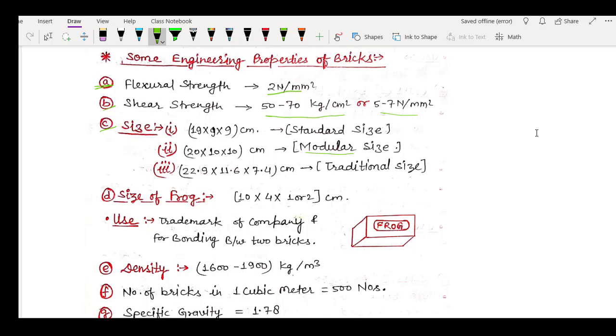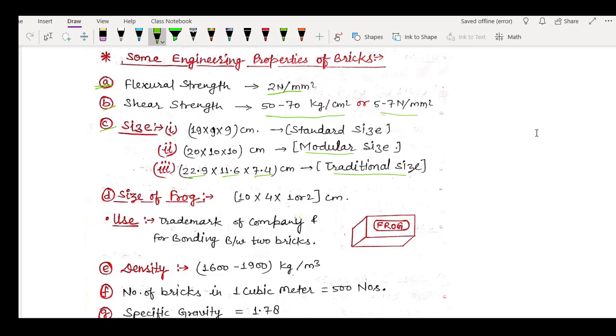So it becomes 20 into 10 into 10. So 1 centimeter on all three edges is added for the thickness of mortar, or the plaster that is to be put for joining these bricks. And the third one is traditional size, which is commonly used in daily life. It is 22.9 into 11.6 into 7.4 centimeter. All dimensions are in centimeter.